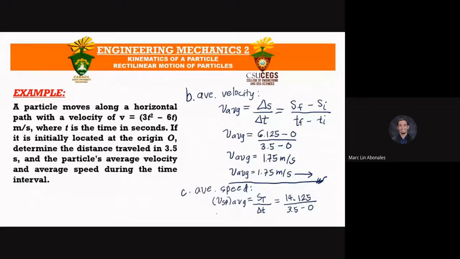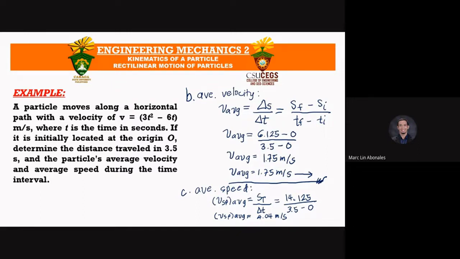So what will be our average speed for this one? 4.04 meters per second. For the average speed, wala na siya direction because speed is only a magnitude, not a vector. Compare sa velocity that it has both magnitude and the direction.